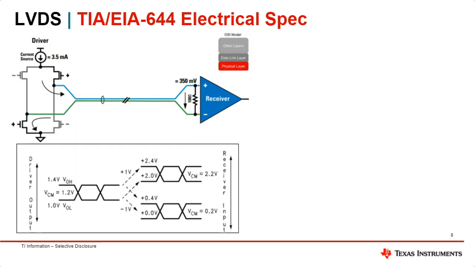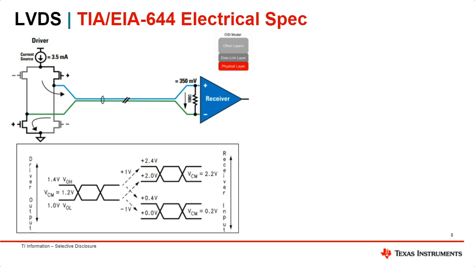Now, let's take it one layer deeper into the electrical specification and how it actually operates. In the simplest implementation, LVDS consists of a driver, the transmission media, and a 100 ohm termination resistor close to the LVDS receiver. The driver consists of a 3.5 milliamp current source. That's a constant 3.5 milliamp current source, which is steered through some FETs.